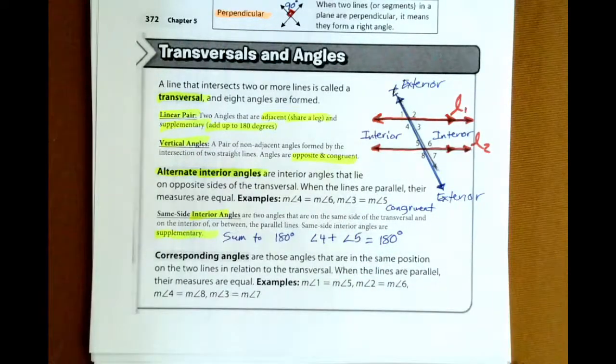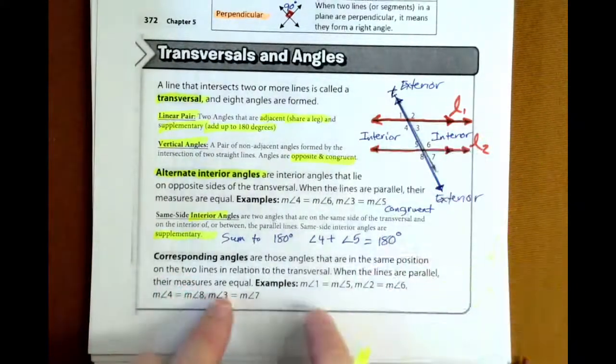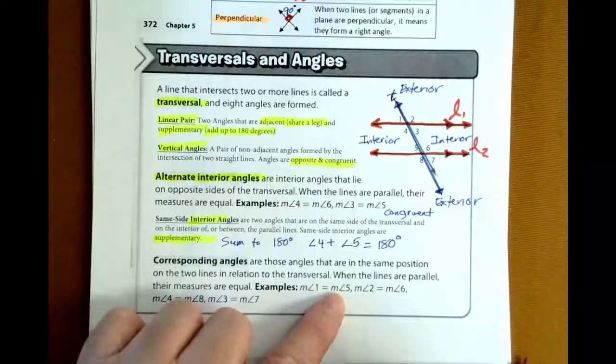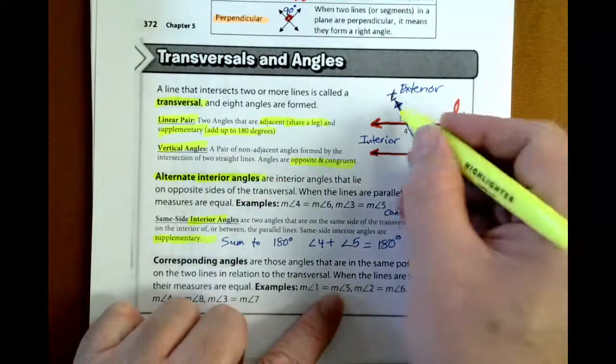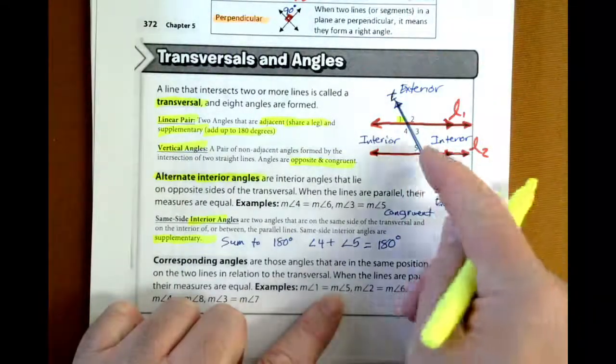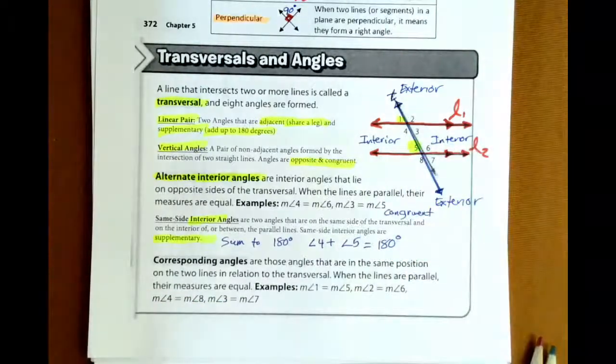And then you have corresponding. These deal with the same position, but on a different parallel line. So 1 and 5. Let's take a look at where 1 and 5 are. See how 1 is up and left, and 5 is up and left, but they're on different parallel lines.